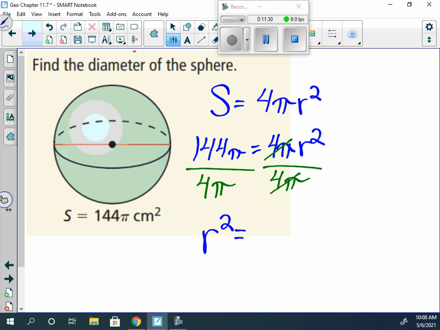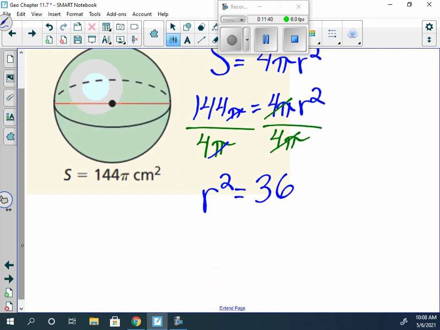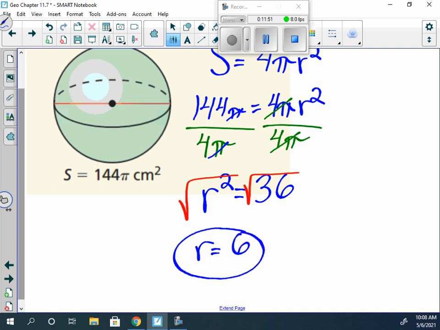R squared equals, well, pi and pi cancel, so 144 divided by 4. Now really when we take the square root of both sides, it would be plus or minus 6, because negative 6 times negative 6 would be 36, and 6 times 6 would be 36 as well.